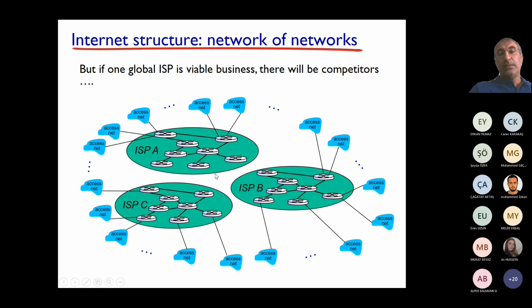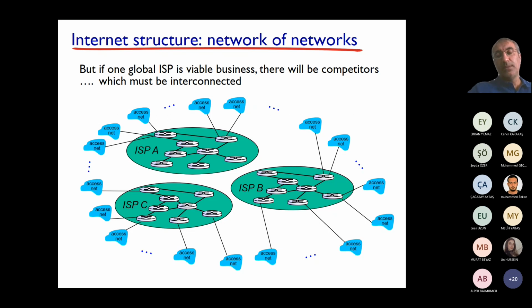And even we can split this ISP into multiple ISPs, ISP A, ISP B, ISP C, so that we can form a competition. And they must be connected, these ISP A, B, C, the global ISPs.